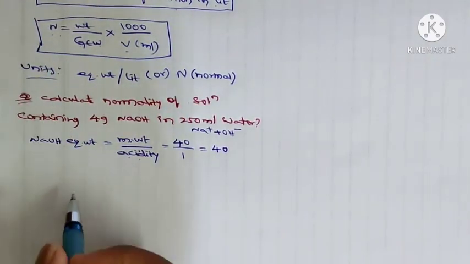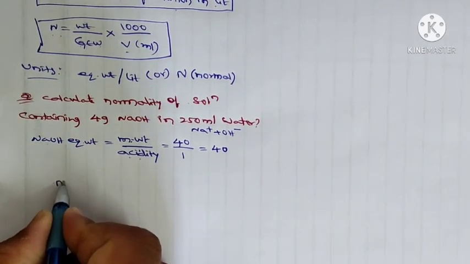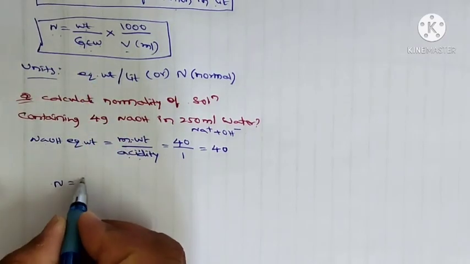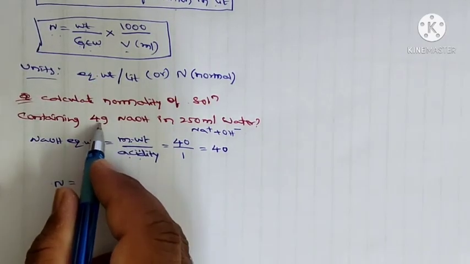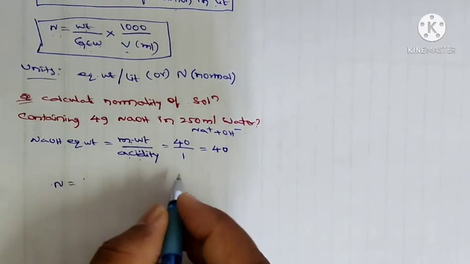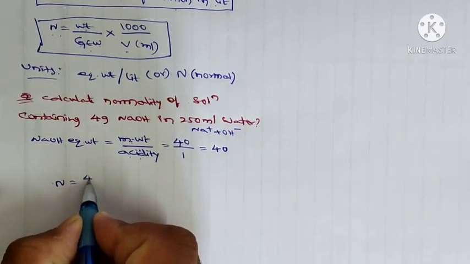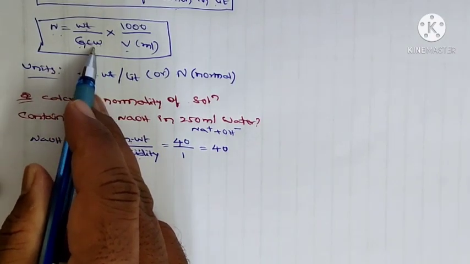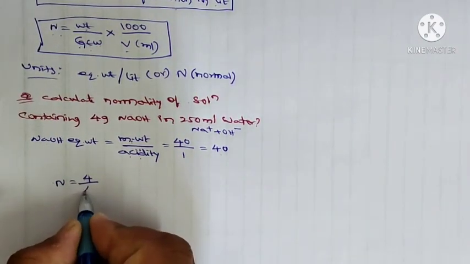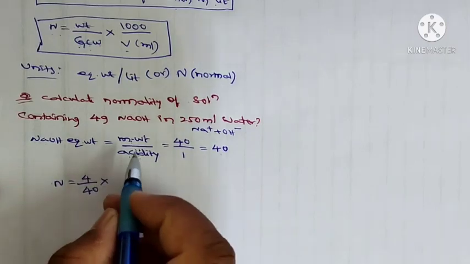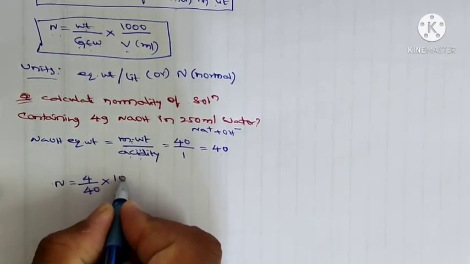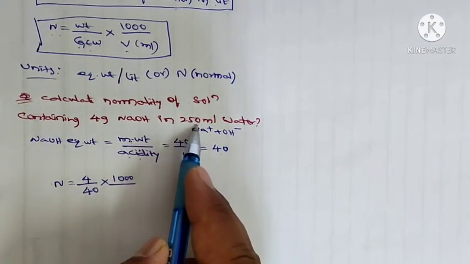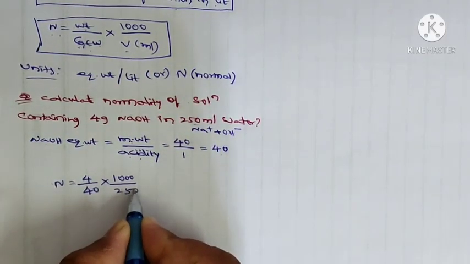So according to the formula, normality N is equal to weight by gram equivalent weight. The weight of NaOH is 4 grams, divided by gram equivalent weight 40, into 1000, divided by V in ml, and V is given as 250 ml.